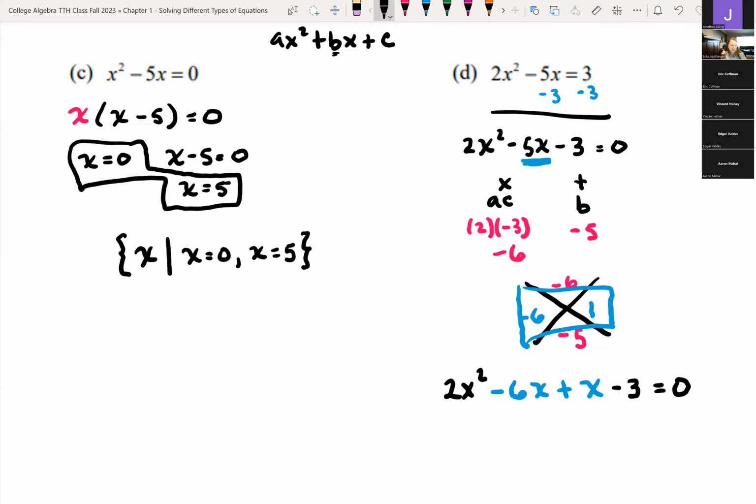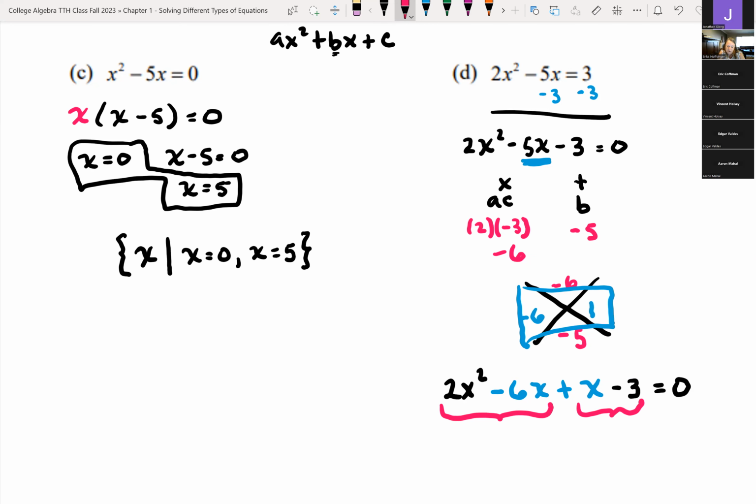Once you've used the AC method, figured out what those two values were, and rewrote the middle term, this is where you would go and factor by grouping. When I have 4 terms, a lot of times factoring by grouping is what I would try. You might have to rewrite the order, but I don't need to.